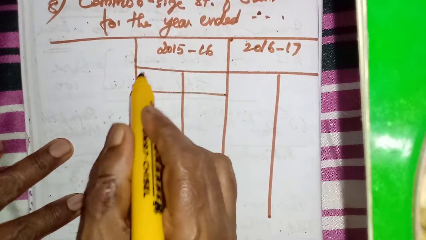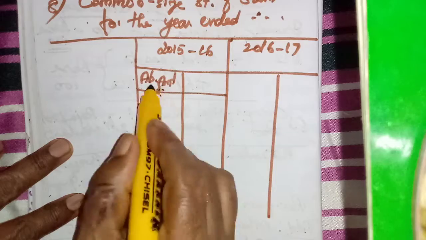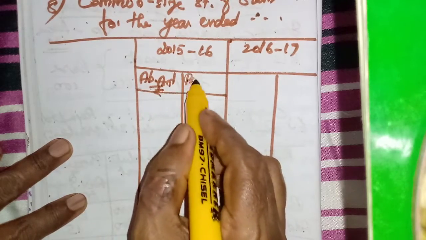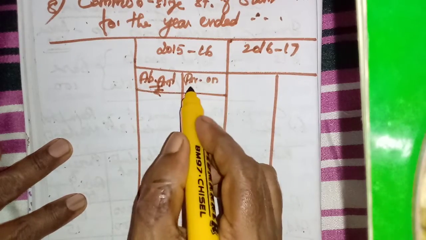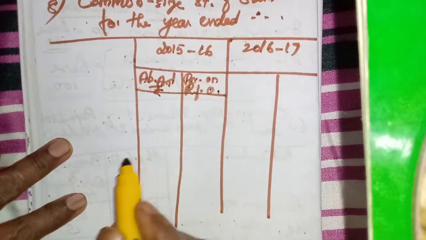Then first one, absolute amount rupees, then percentage on revenue from operation.